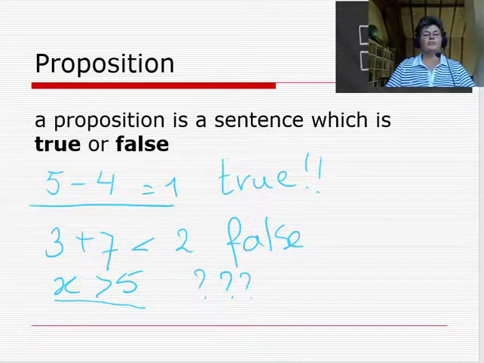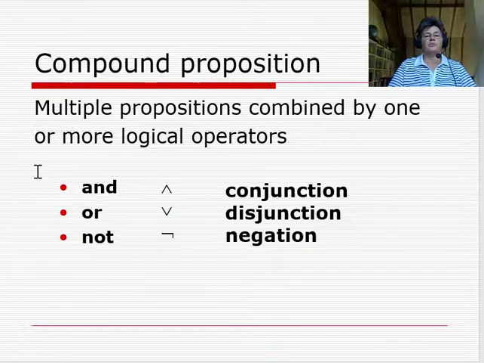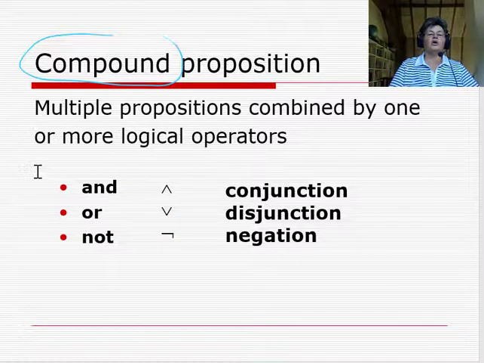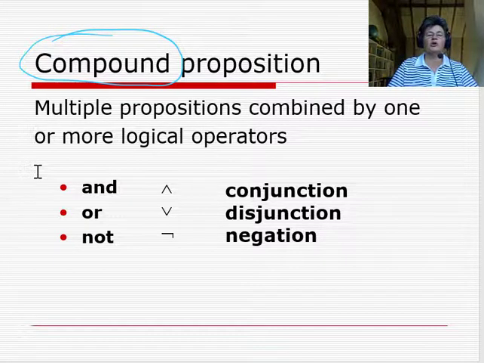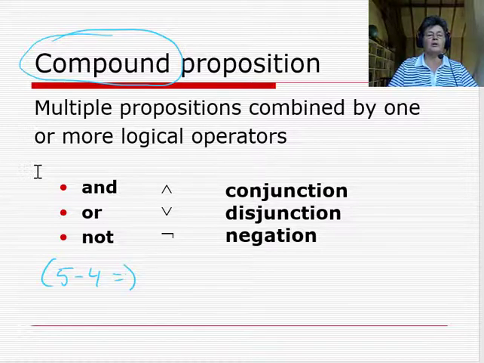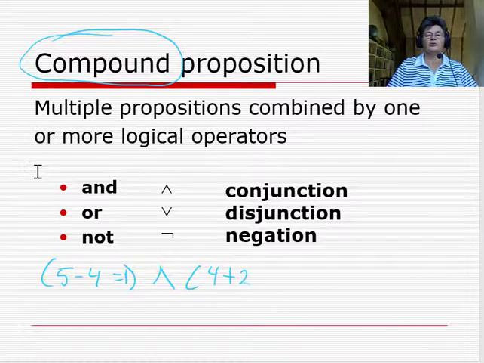If we have a proposition, then we can also combine them, and then with an expensive word, it's called a compound proposition. So propositions we combine. For instance, the proposition 5 minus 4 equals 1, and, a conjunction, 4 plus 2 is smaller than 7.